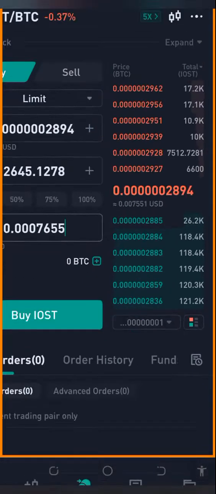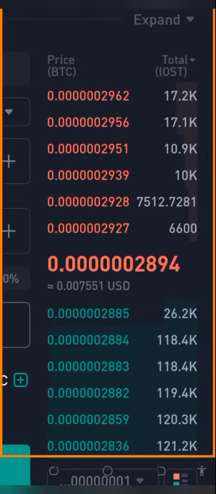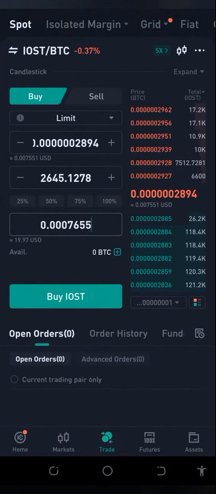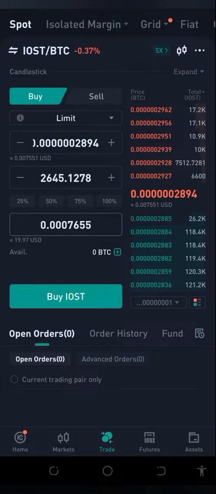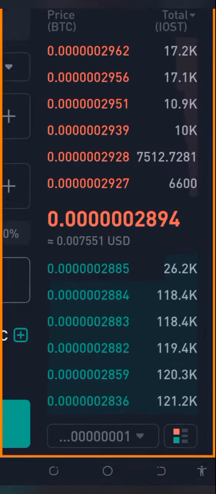At least we have the first thread that is 6,600, so it can cover 2,646.45 pieces. Now, one of my subscribers sent me a message saying that now he really understands what this means. Before, he was looking at this order book as being in dollars or USDT, like when it says 26.2K, it means 26.2 thousand USDT.